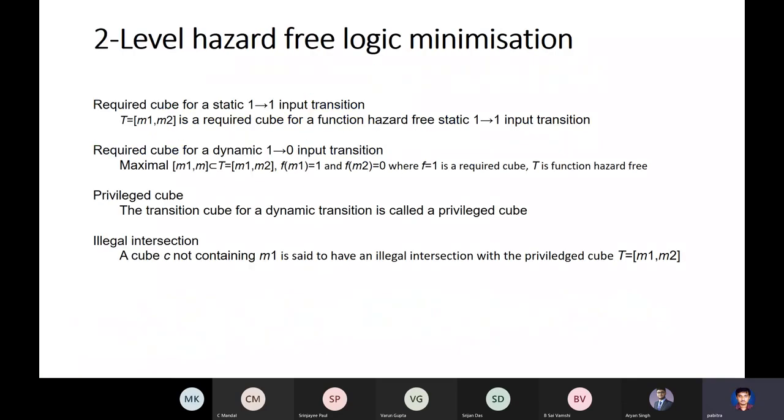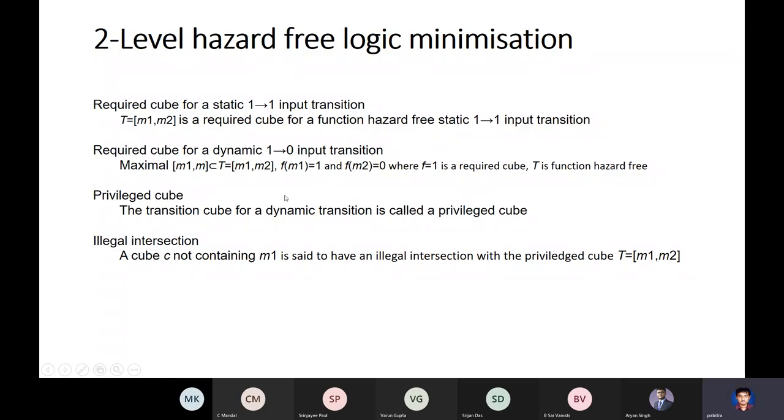Okay, just for recapitulation, let us come to some definitions. The required cube for a 1-to-1 input transition: you have to cover it. So the entire transition cube is a required cube.